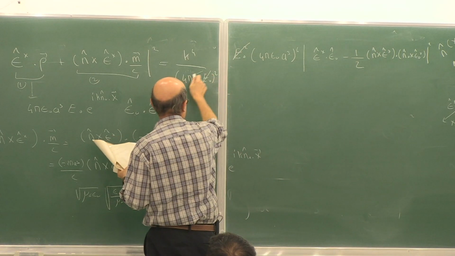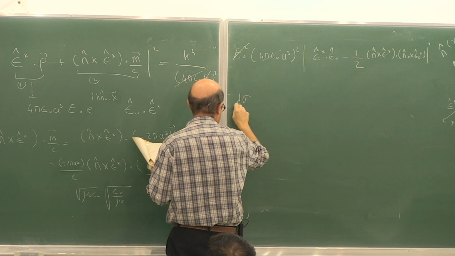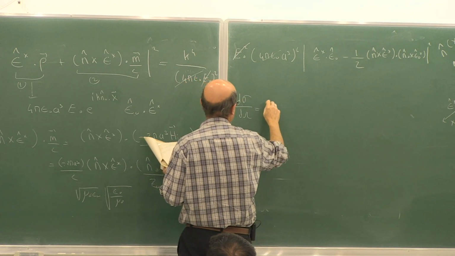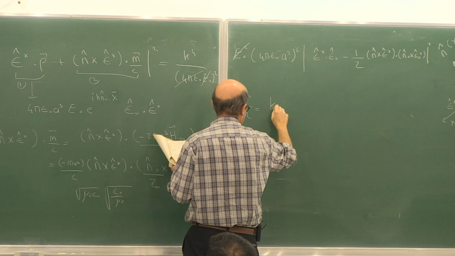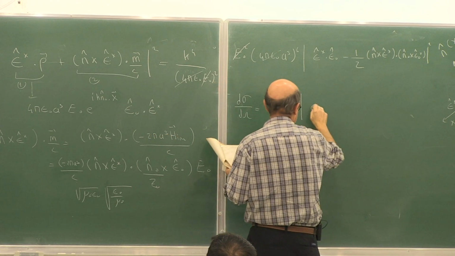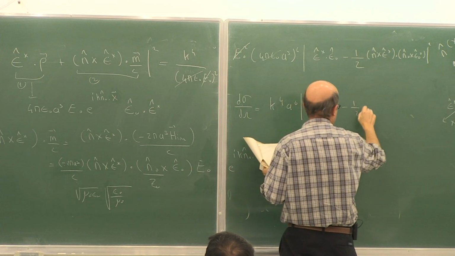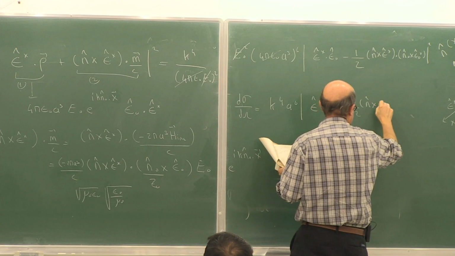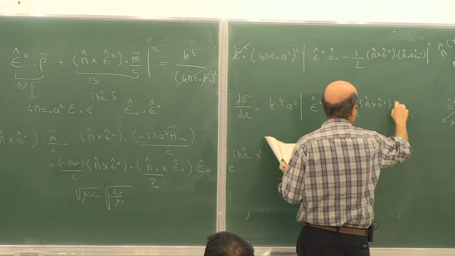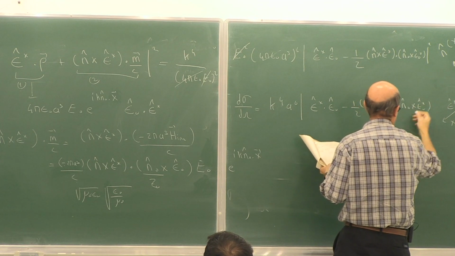So this bunch and that bunch will be cancelled, and the scattering cross section per solid angle will be k to the 4, again we have the k to the 4, a to the 6, and the rest is epsilon complex conjugate dot epsilon 0 minus 1 over 2 n cross epsilon complex conjugate dot n0 cross epsilon 0 complex conjugate.